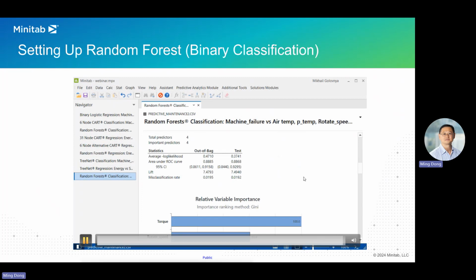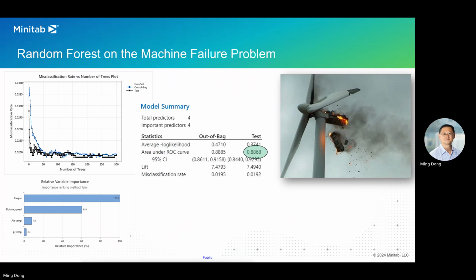All right, so let's see the output. Here's the output from random forest. On the graph, you have what we call the misclassification rate, and we're looking for low. You can see the test and AutoBag, which is like training and testing. When we come to 300, they are pretty close, which means the model is stable.